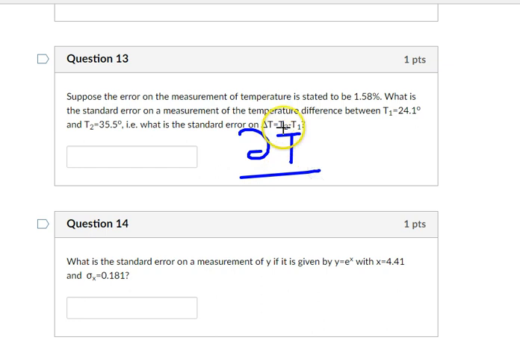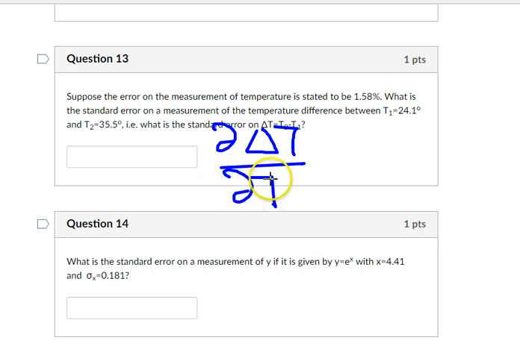Okay, I'm writing fine, but what I'm writing is nonsense. The partial of delta T with respect to partial T1, right, there we go, is 1.